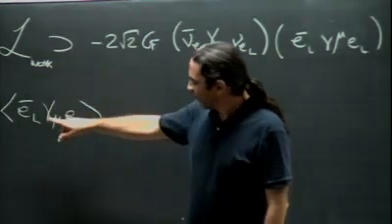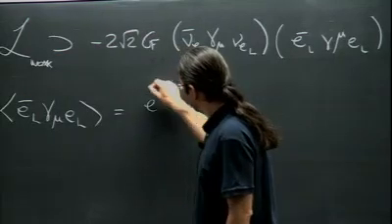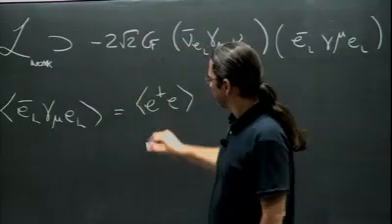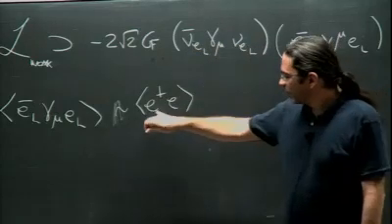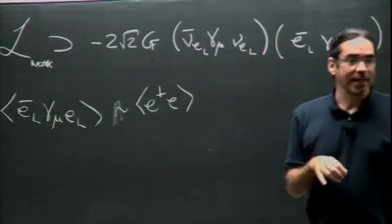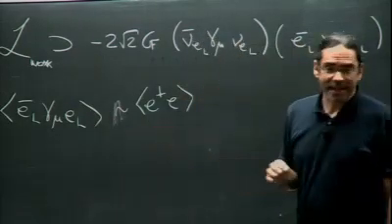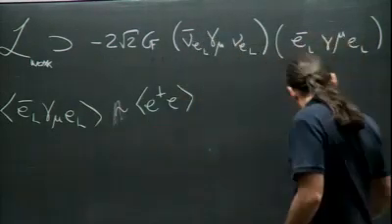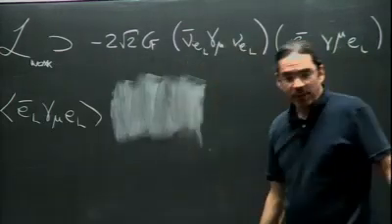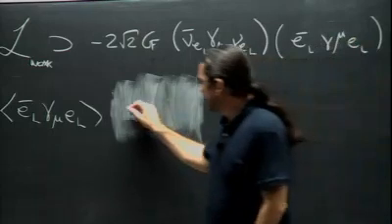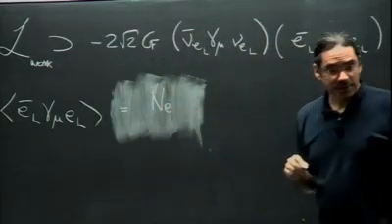If you remember, this will look like e dagger e, up to some numerical coefficient. And if you remember, e dagger e, that's the electron number operator. So this here counts the density of electrons that I have. Okay, so that means that this object here, in a background that has electrons in it, is proportional to the number density of electrons.